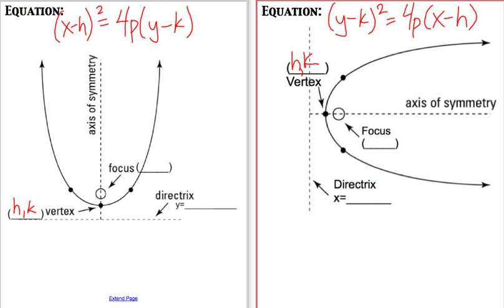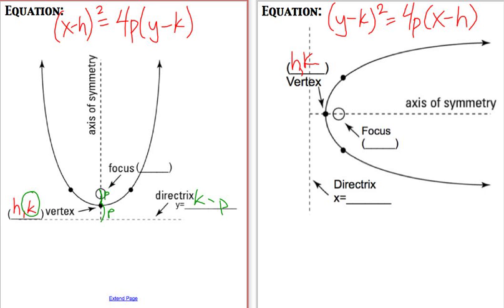The focus, let's first talk about this directrix and the p-value. The p-value is really about the distance to the focus and the distance to the directrix. So for both situations, p will be the distance to the focus or the distance to the directrix. So on the left one, the vertical directed parabola, the directrix will be down p. So what we're going to have is the equation y equals k minus p, because the equation of a horizontal line, since we're up at the vertex, we're going to go down p to get to the directrix.